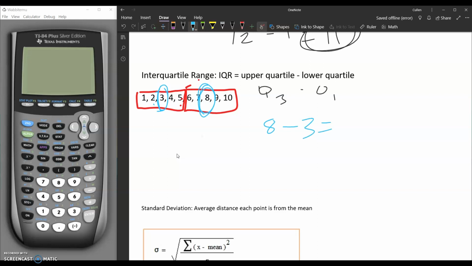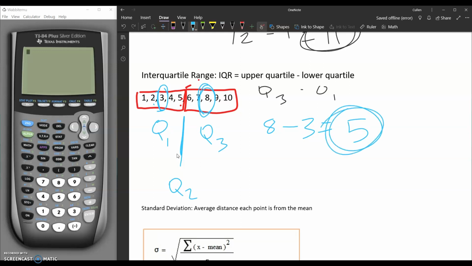This is Q3, your upper quartile, and this is Q1, your lower quartile. Technically the median right there is the second quartile. These would divide our data into 4 equal sets. That's why they're called quartiles, they separate the data into quarters. If you subtract 8 and 3, your interquartile range is 5.